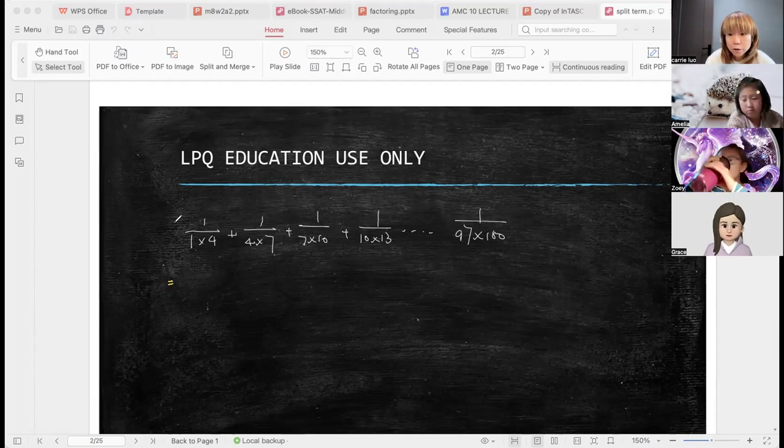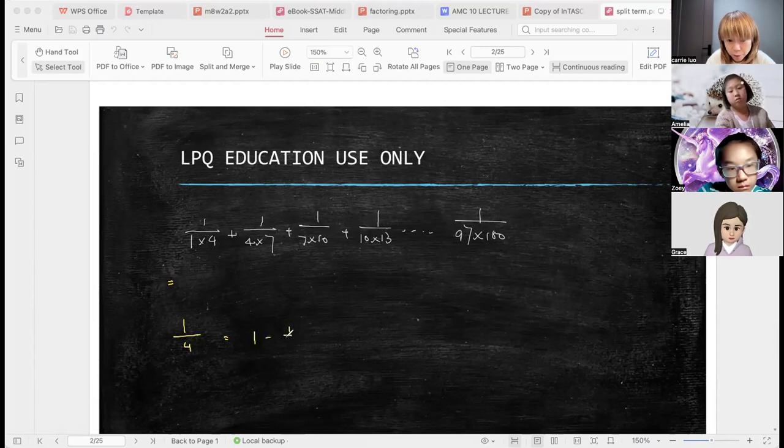Okay. So this question, I want everybody to be very careful. Amelia, let's take a look at this one. 1 over 1 times 4 equals what? 1 over 4, yes. So if we split this, it equals 1 minus 1 over 4?